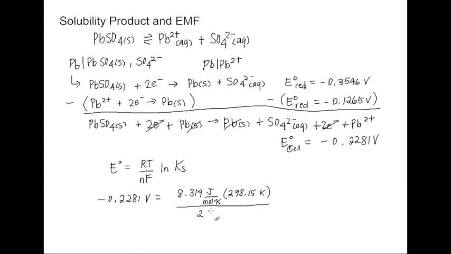N here is 2, the number of electrons involved in the reaction. And we have Faraday's constant, which is 96,485 coulombs per equivalent, times ln Ksp. So if we evaluate for the solubility product constant, we get a value of 1.942 times 10 raised to negative 8.